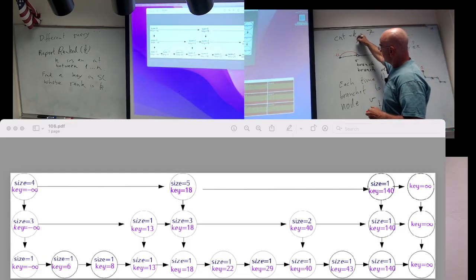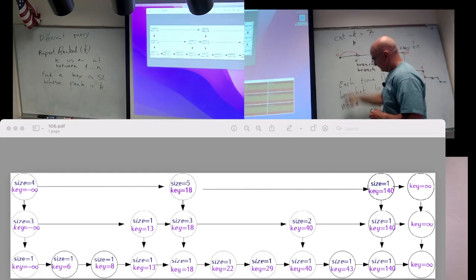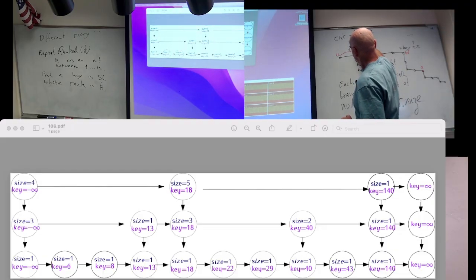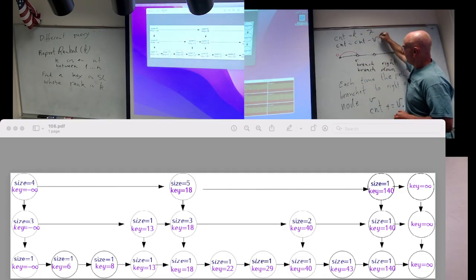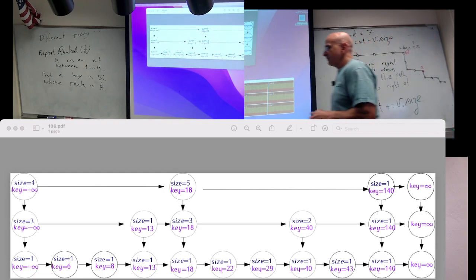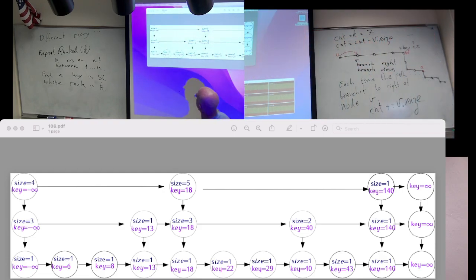Instead, if I branch to the right, then count equals count minus v dot size. This v dot size, not count.